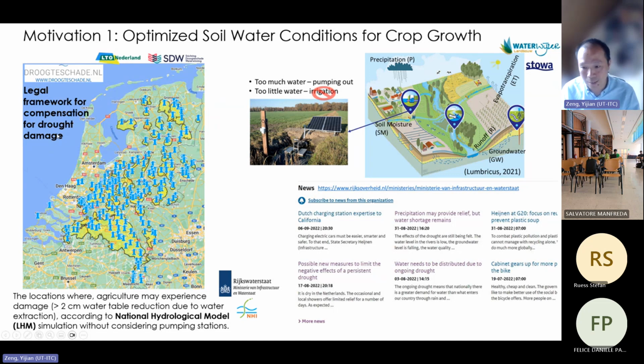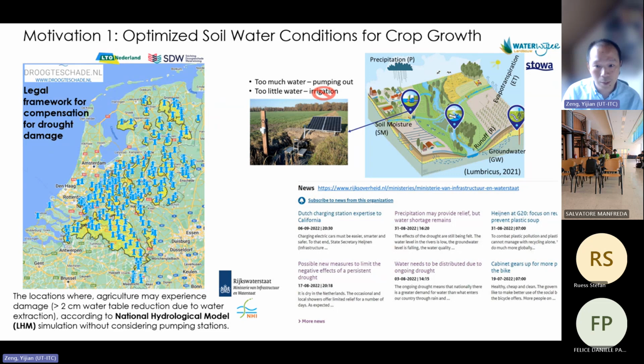The idea is they try to identify the impact of drought on their agricultural production, and then based on this damage estimation, they can apply for some compensation. But if you do this individually, it is very time consuming.